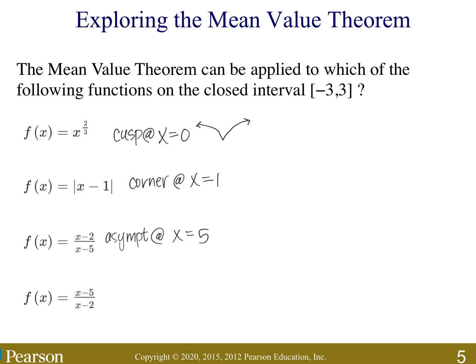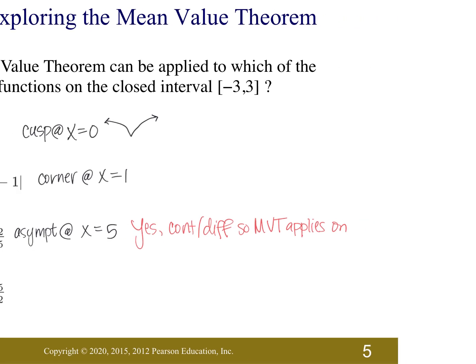This one does have a problem where it's not even continuous, but the problem is outside of the interval. So we would say yes, it is continuous and differentiable, so the MVT applies on the interval -3 to 3.